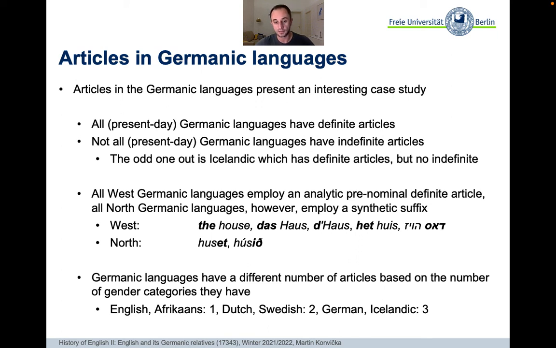Then there are languages such as Dutch and Swedish and also others which only distinguish between two categories. And then there are languages such as German, Icelandic, and so forth, and those languages differentiate between three. So masculine, feminine, and neuter.